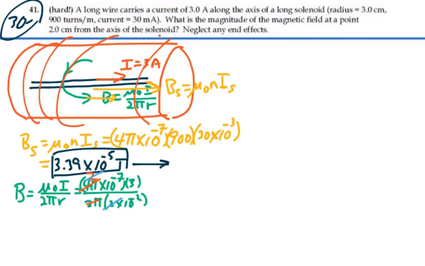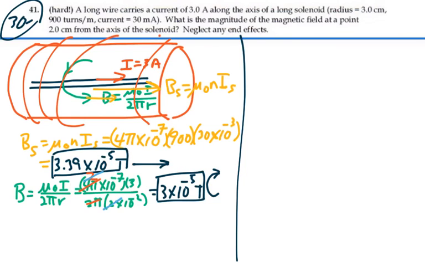So this is 3 times 10 to the minus 5 Tesla, and it is going circularly around, perpendicular to the axis of the solenoid itself.